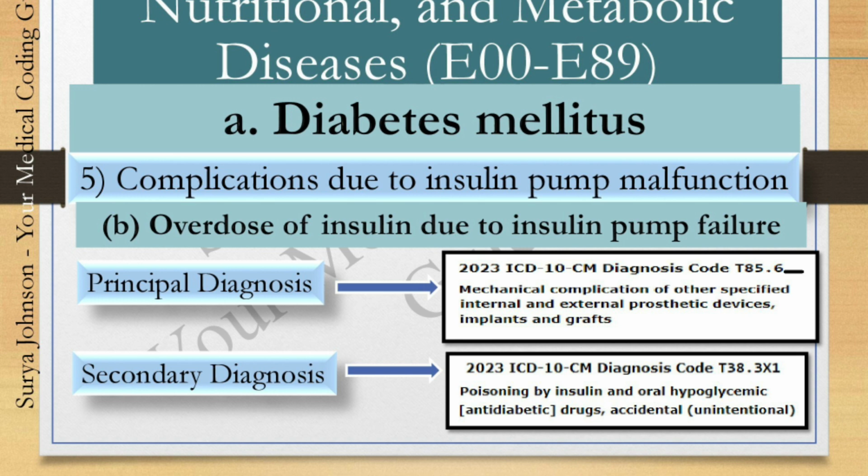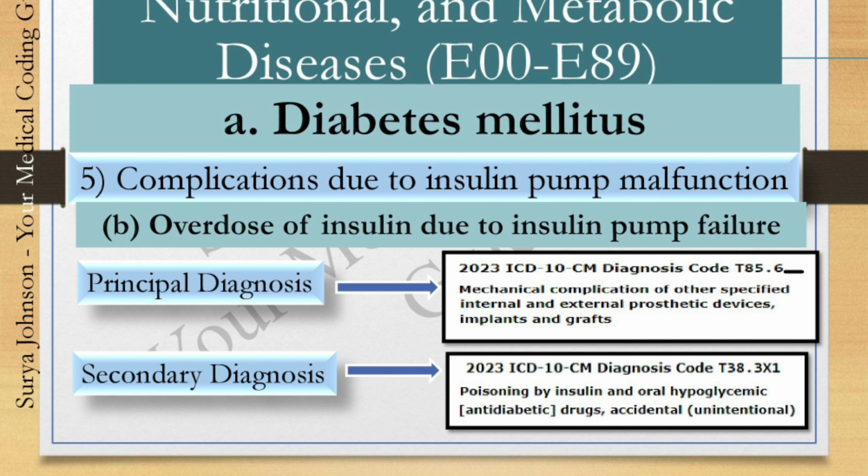But in this scenario, it is because of the insulin pump malfunction, which obviously is unintentional. The patient didn't mean to take that as an overdose. So we'll code it as unintentional, and as usual followed by the type of diabetes, and if any other complication has arisen because of this overdose, you will code that complication code as well.